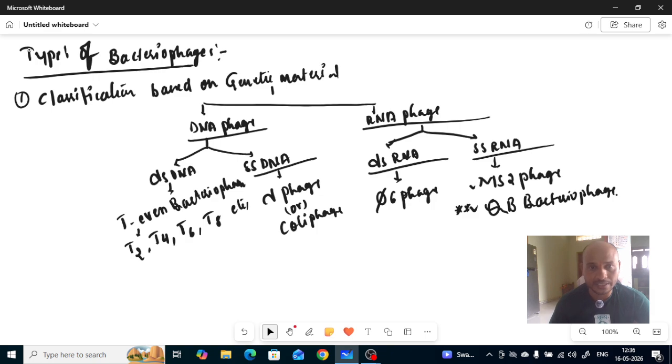So this is how we classify bacteriophages based on genetic material, in which it is very important to remember double stranded DNA and single stranded DNA phages.